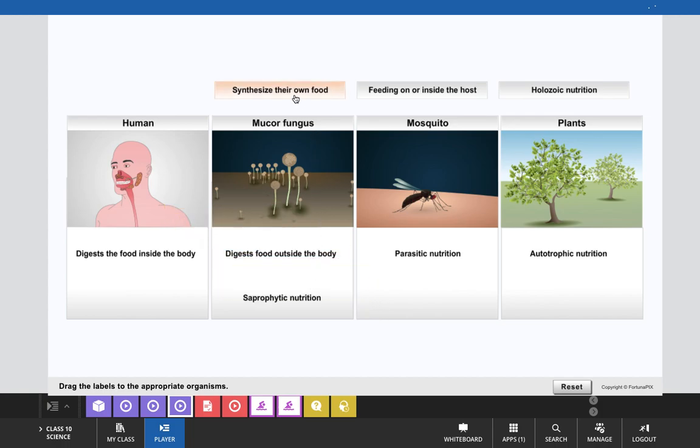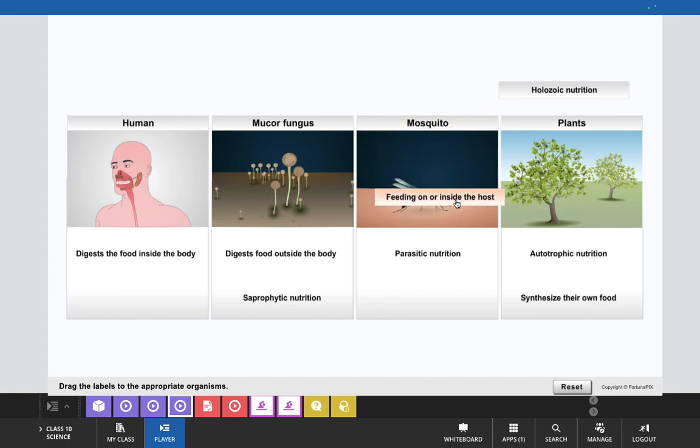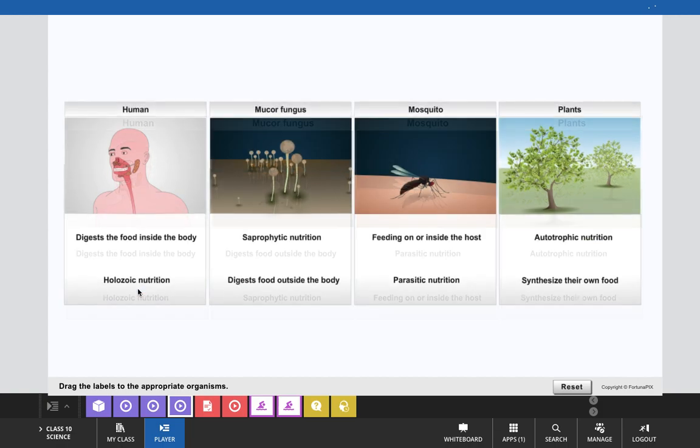Excellent. Synthesize their own food, plants or autotrophs. Excellent. Feeding on or inside the host, parasitic. Excellent. Holozoic nutrition, process of nutrition in humans. Excellent.